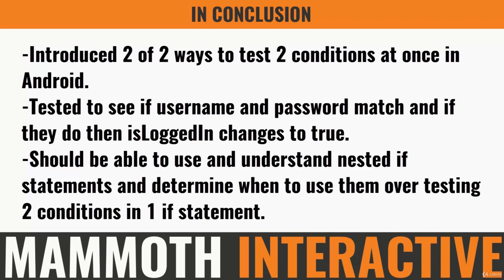So we did this by testing to see if a username and password match and looking at the example of an account, and if they do, then we change the isLoggedIn variable to true. So by now you should be able to understand and use nested if statements and to determine when to use them over testing two conditions with one if statement, namely the fact that we don't have the OR operator if we use two if statements.